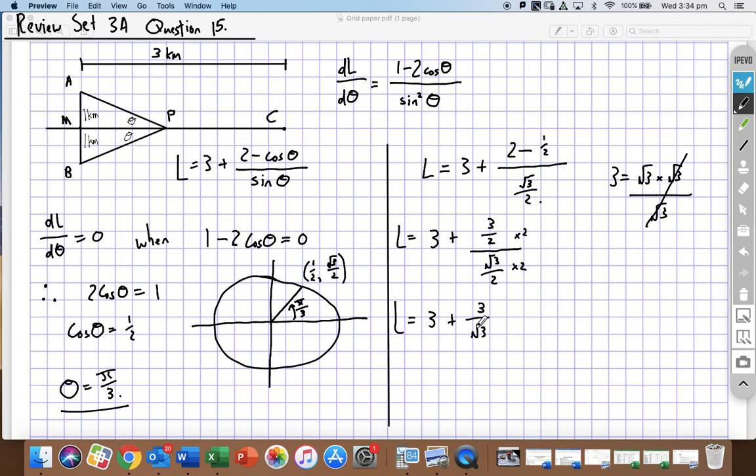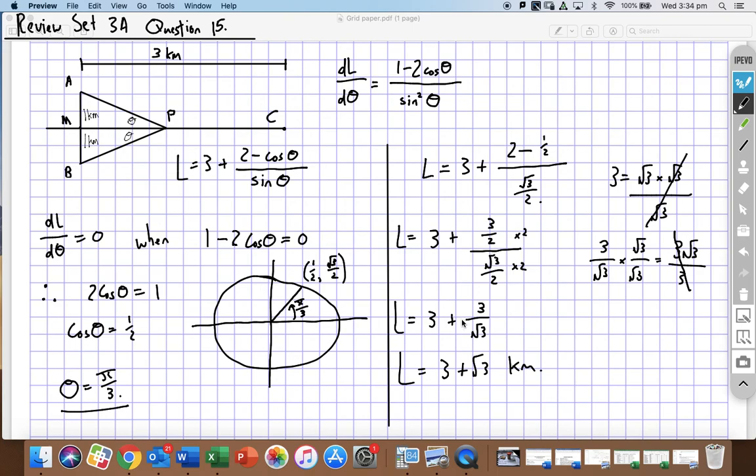Or if you like, take the fraction, 3 on root 3, and rationalise that denominator. And you get 3 root 3 on root 3. They cancel. Sorry, mistake. You get 3 root 3 on 3, because root 3 times root 3 is not root 3. It's root 3 times root 3 is 3. And then they will cancel, and you're just left with your root 3. So the length is actually 3 plus root 3 kilometres.